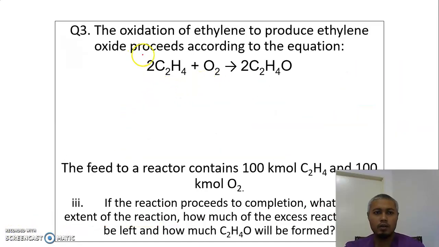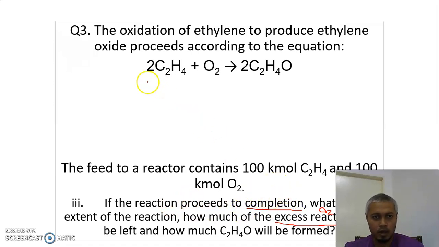Go to the last part of this question, where we have: if the reaction proceeds to completion, what is the extent of the reaction, how much of the excess reactant will be left, and how much C2H4O will be formed. In other words, for the excess reactant we need to find O2 left because we know that O2 is in excess, and proceeds to completion means C2H4 is finished.